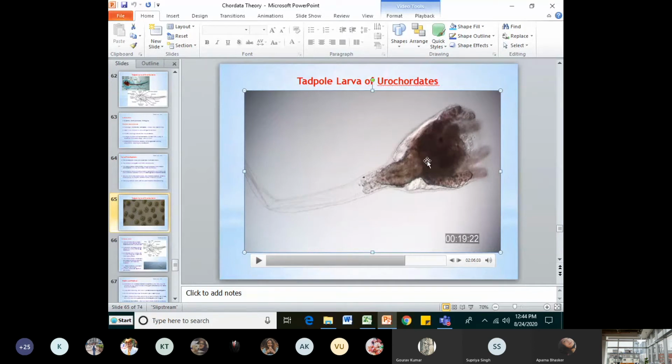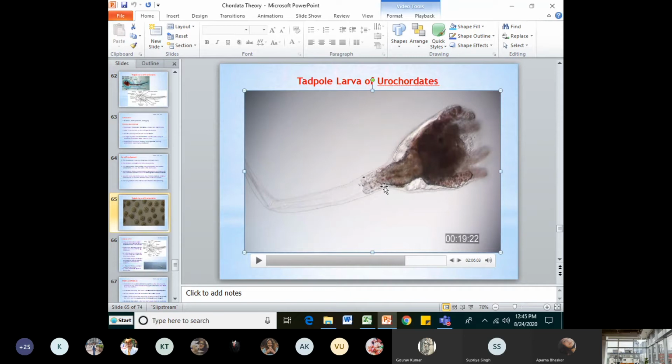One of the scientists, I will be talking about him in one of the slides, pointed out that there are some unique proteins formed at this stage when the retrogressive metamorphosis starts, and these special proteins lead to the absorption of these advanced organs. These proteins were not present before the beginning of the metamorphosis.